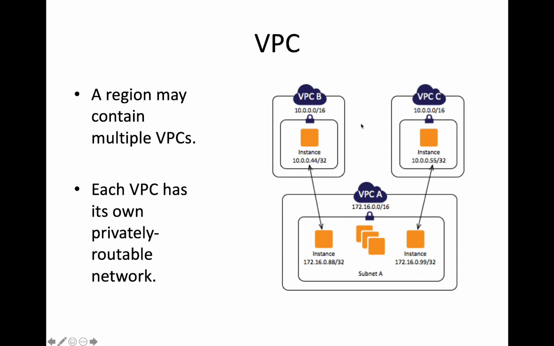And you can see in this diagram that VPC B and VPC C both have the same network block assigned, this 10.0.0.0/16. This is called a CIDR address, which is a shorthand way of describing a network block.